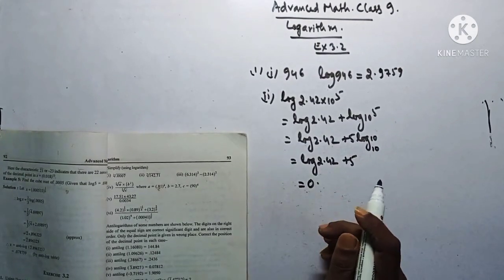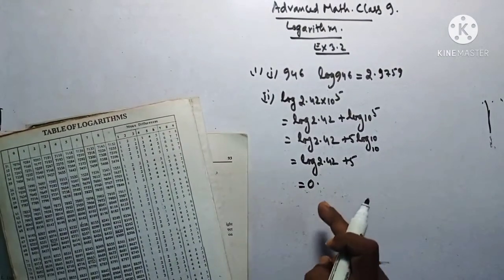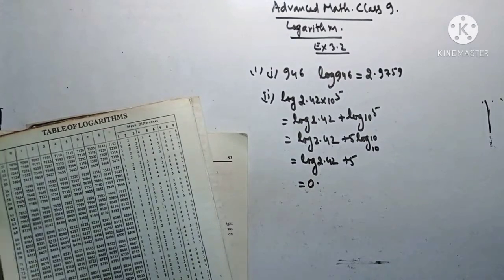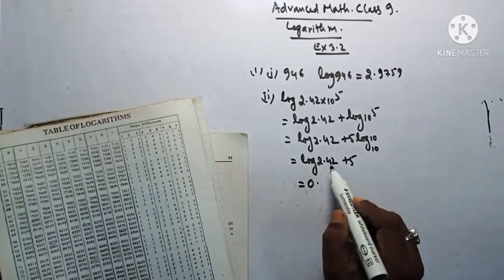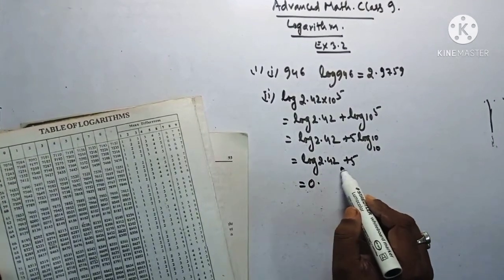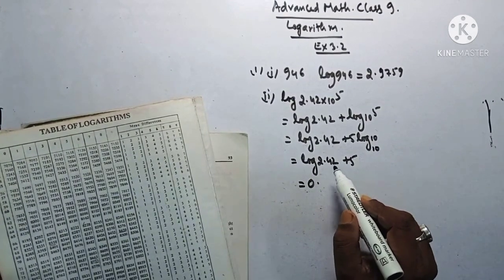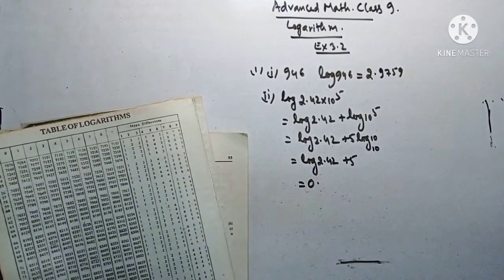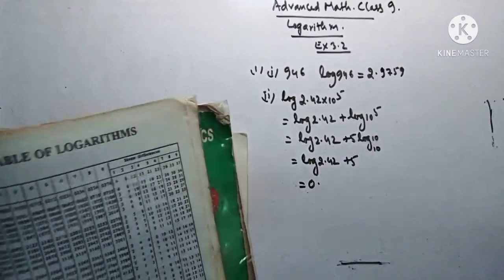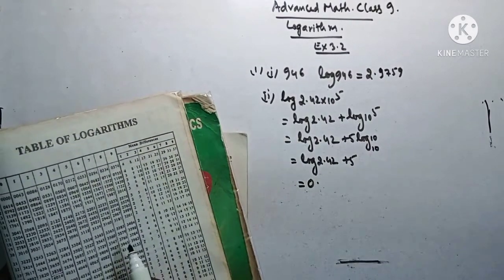Now I am going to the mantissa part. I am going to take the help of the log table. You have to consider the whole number 242. You do not keep in mind the decimal. So your 242 means 24 and 2.